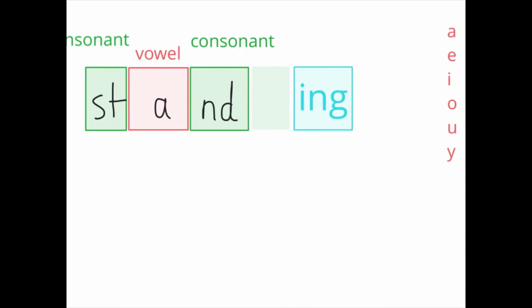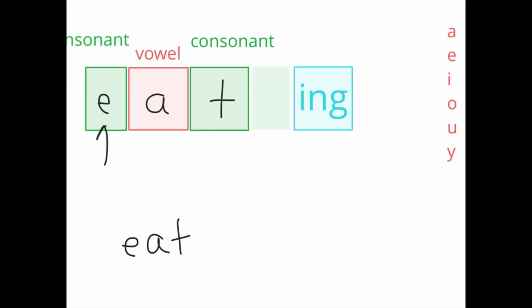Let's try another word. I am going to try the word eat. Eat is spelled like this. We need to make sure that we do not write it like this because the E is not a consonant. The EA is a digraph, so we don't want to put the E there. We want to put both the EA in here because that is a digraph.